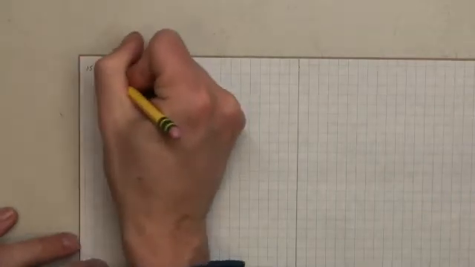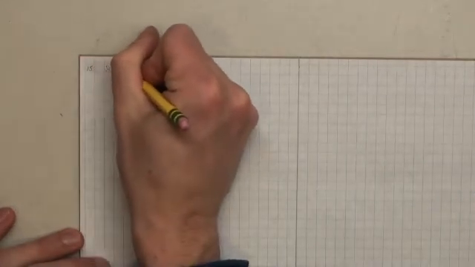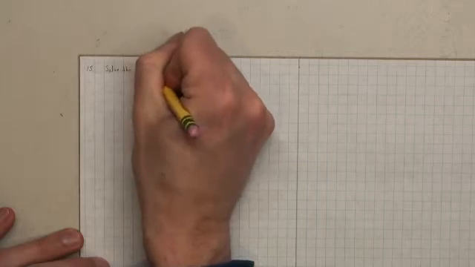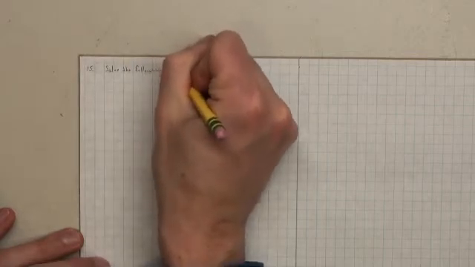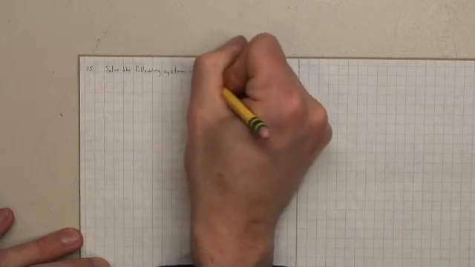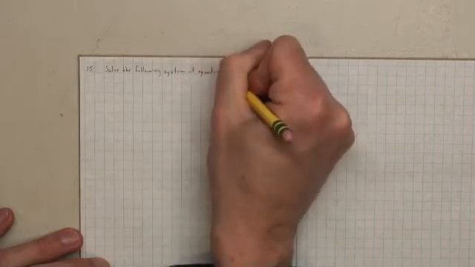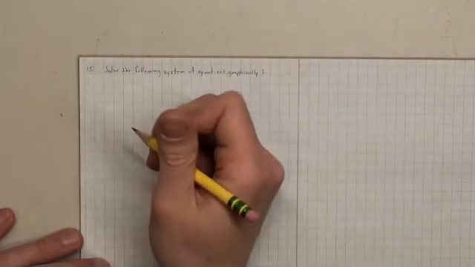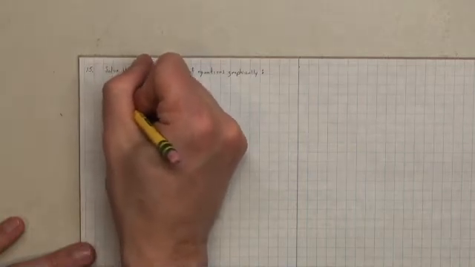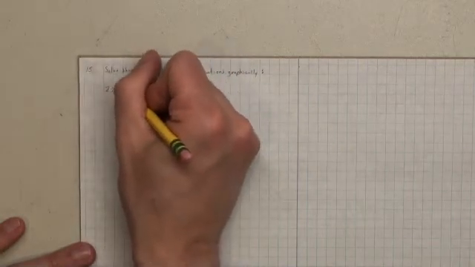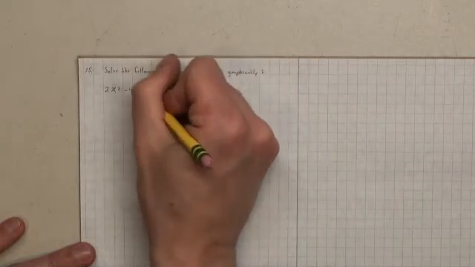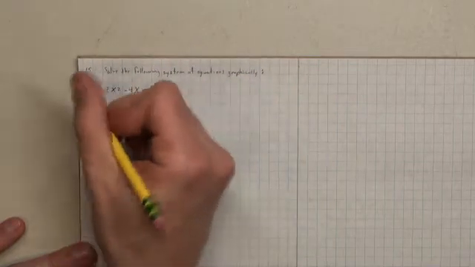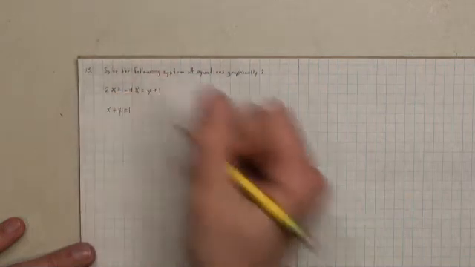And we're on number 15. Solve the following system of equations graphically. 2x squared minus 4x equals y plus 1, and we have x plus y equals 1.